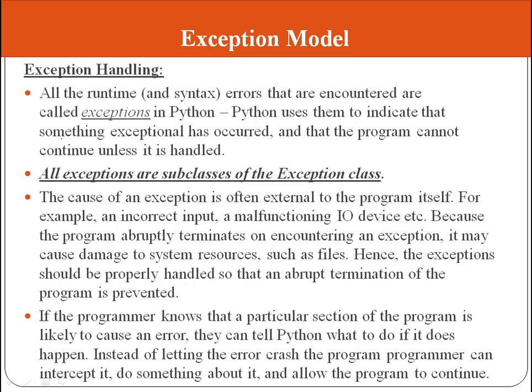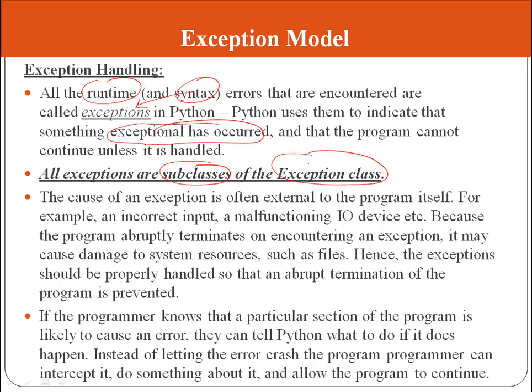So runtime and syntax errors are basically the exceptions in Python, right? When some error is raised, it means something exceptional has occurred. All exceptions are subclasses of the Exception class.